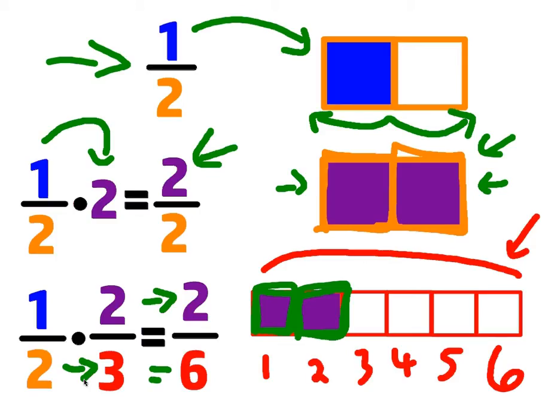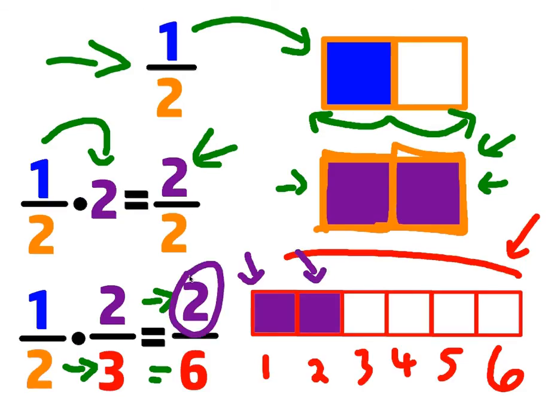Okay, so as far as this example goes, we have 2 blocks, which is our parts. That's going to be our purple. Okay, and that's our top number. And basically 2 blocks filled in out of 6 total blocks.